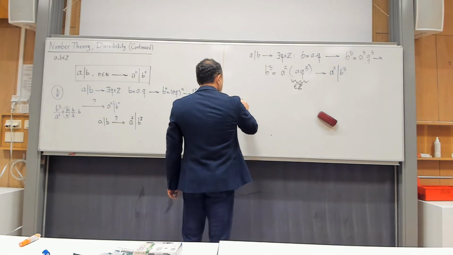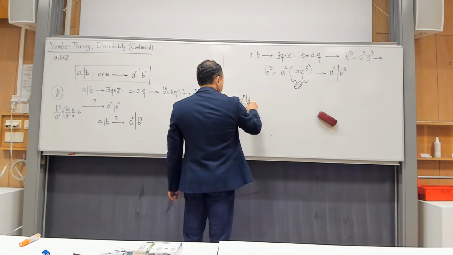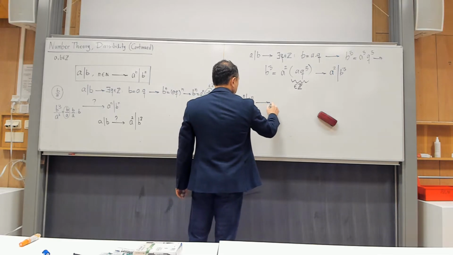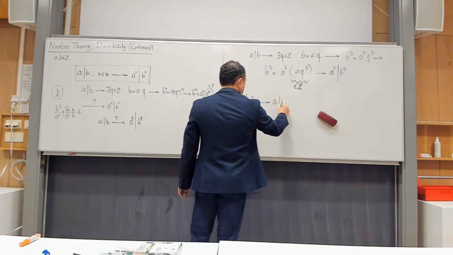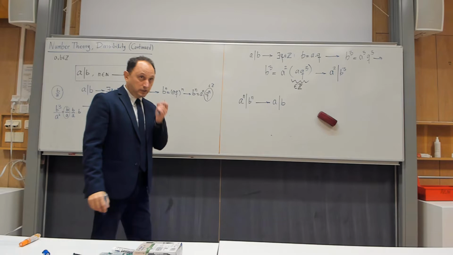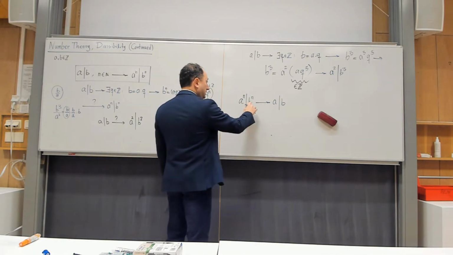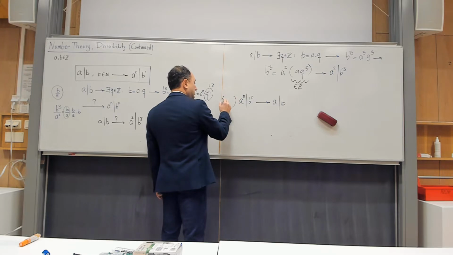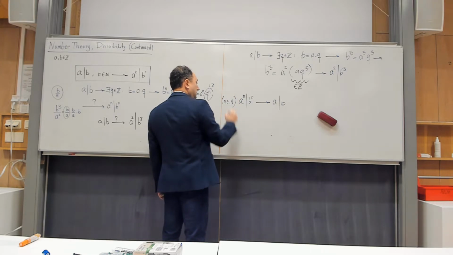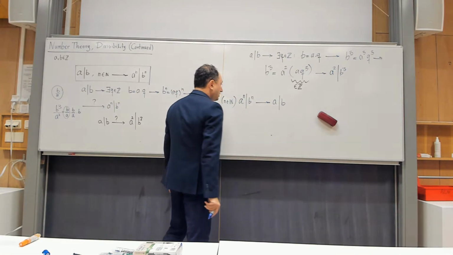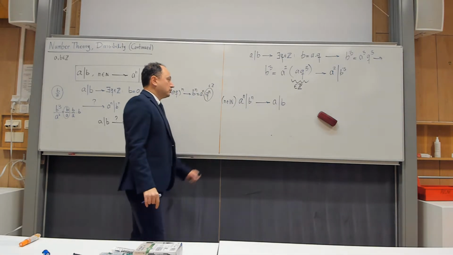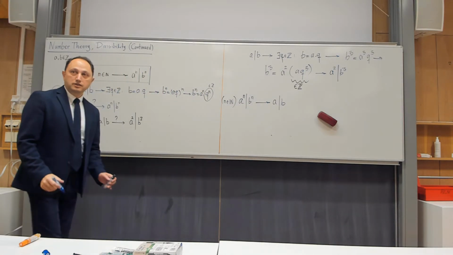Now, one question. Do you think this is also true? If a to the n divides b to the n, and if n is an integer, of course, n is a natural number, do you think that I can conclude that these numbers without those powers also have the same relation with each other?